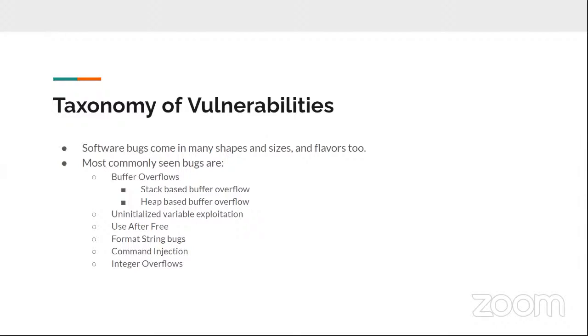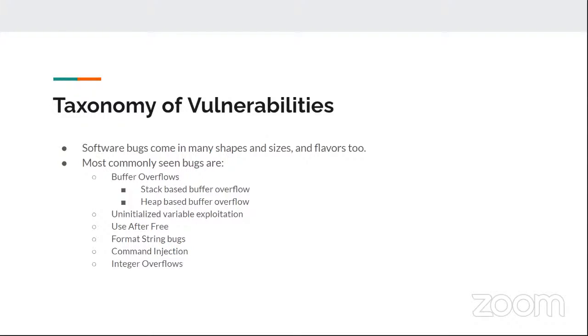Another class is format string bugs, which we are going to see today. We are going to exploit format string bugs. So format string bugs, as I said, are introduced because of improper usage of format strings in functions which expect format strings. For example, the printf family: printf, sprintf, snprintf, vprintf, vsnprintf, I guess, vfprintf.